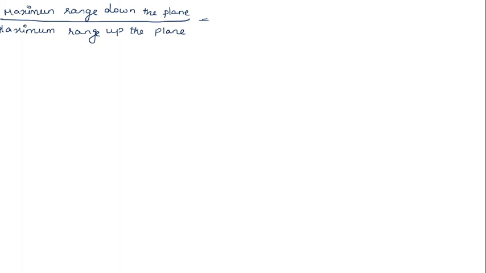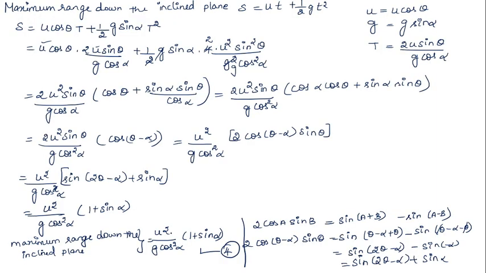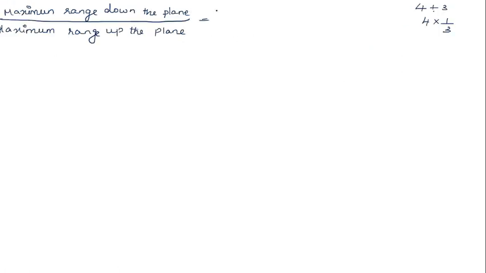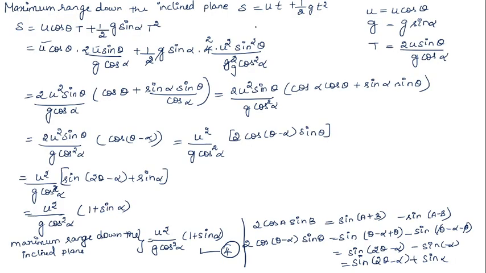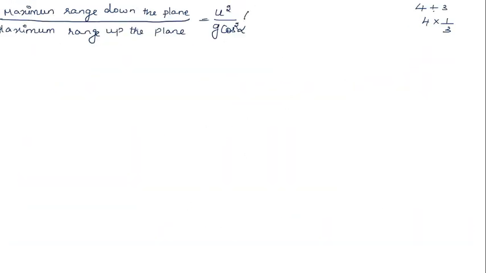So we can write the down inclined plane which we found in the fourth equation, divided by the third equation, or else the fourth equation into the reciprocal of the third equation. So the fourth equation is u squared by g cos squared alpha into 1 plus sin alpha, and we are multiplying with the reciprocal of the third equation.